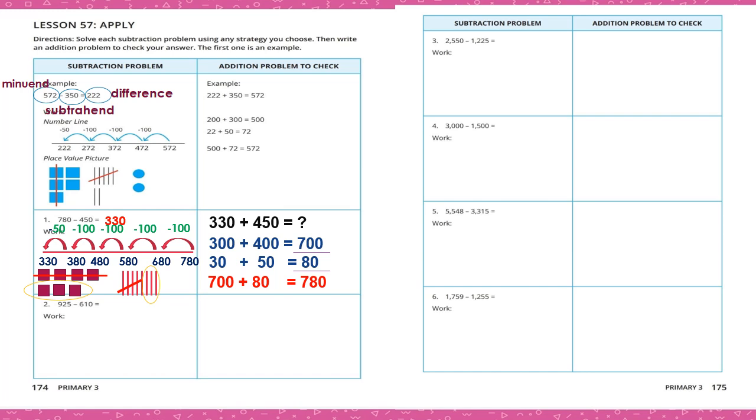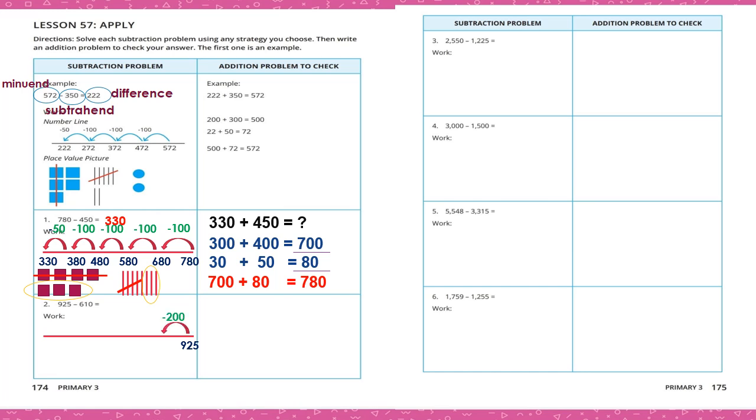Let's solve number 2 the same way. 925 minus 610. The number line. 925 and 600 here, you can split it to be 200, 200, 200.